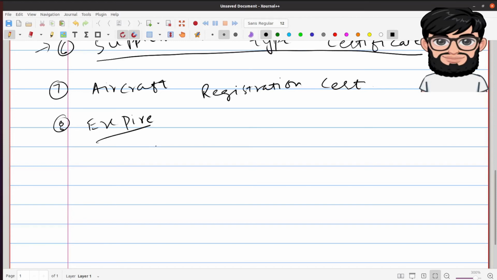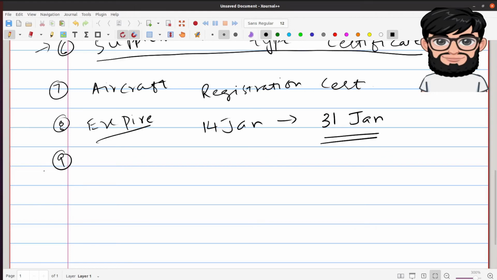So if it was issued, let's say, on January 14th, they will start counting on January 31st, the last day of the month, and starting from there you have 3 years.